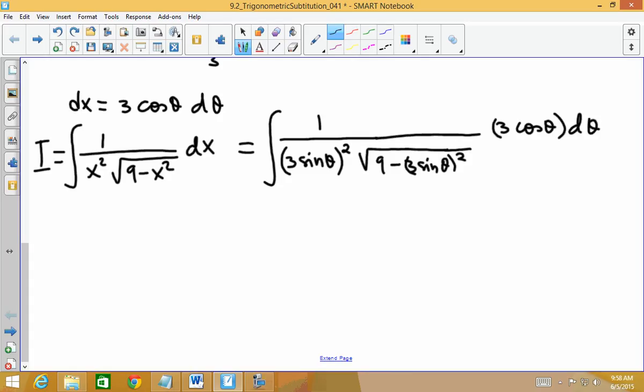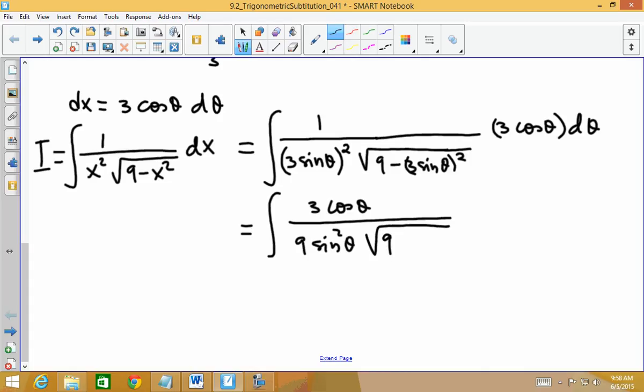This becomes 3 cosine theta divided by 9 sine squared theta, times the square root of 9 minus 9 sine squared theta, d theta.